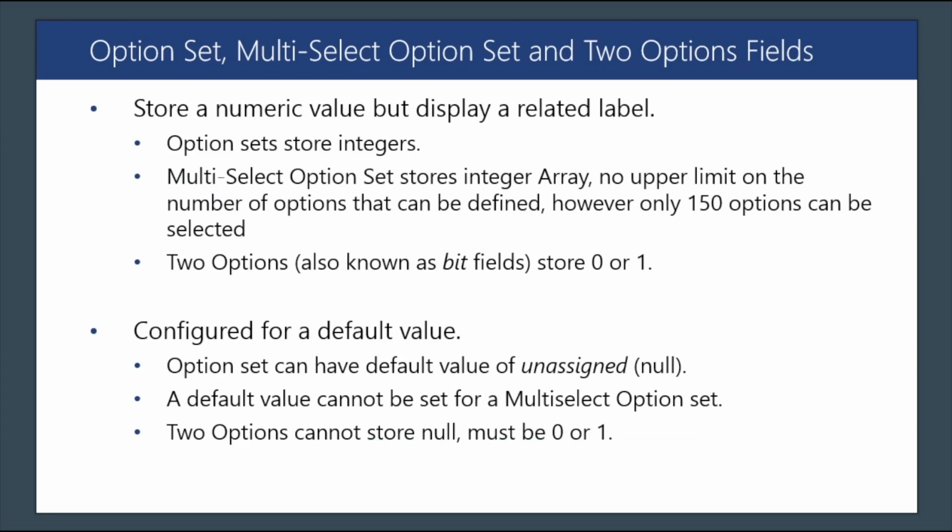So when you create option sets, multi-select option sets, and two option fields, it will store the numeric value that relates to that particular type of option set, but it will be represented as a label. They are stored as integers. When you do a multi-select, it basically stores an integer array.